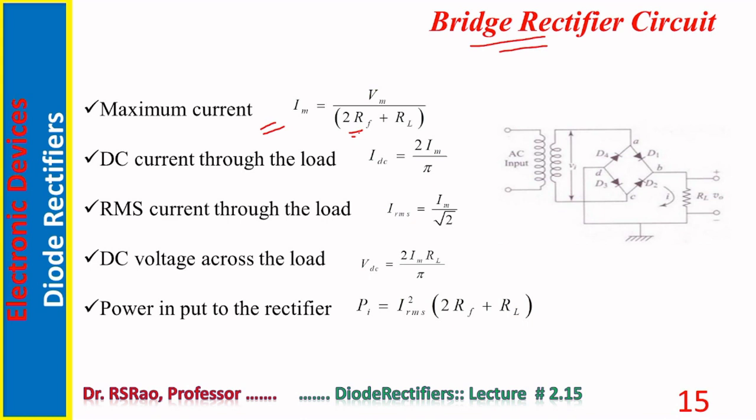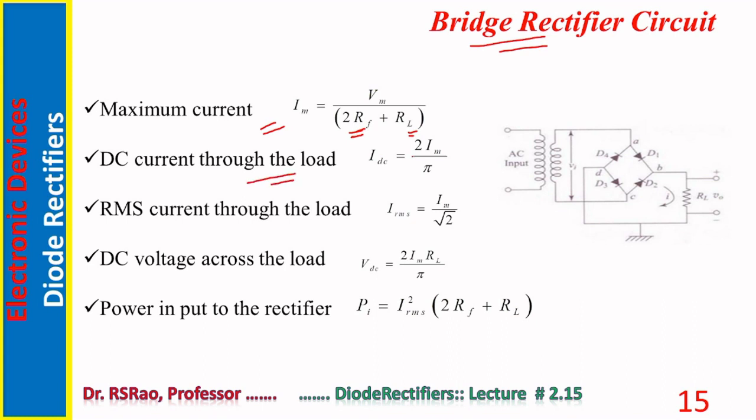Their resistances added make the resistance of the diodes plus RL as 2Rf plus RL. So this 2Rf is the resistance of the two diodes which are in the circuit when current is flowing.